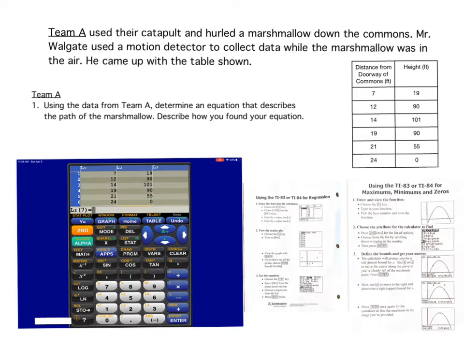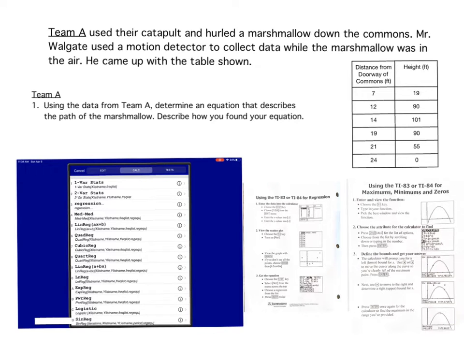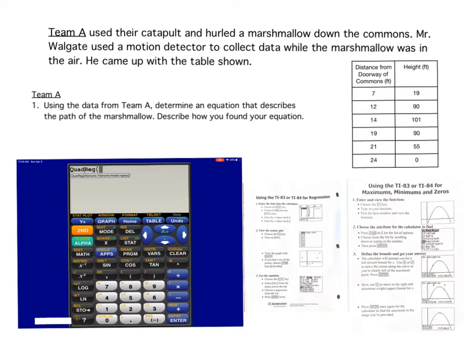Now that those are in, we need to run our regression, which means we're going to need to calculate that. So now I'm going to go back to Stat. I'm going to go to Calculate, and we need to find where it says Quadratic Regression. So on mine, it's located as number 6, so I'm going to hit Quadratic Regression. And I do have to designate on this what it is that we're working with. So my list 1, so I'm going to hit second list.